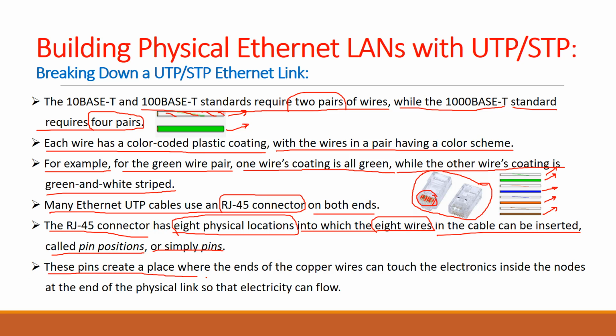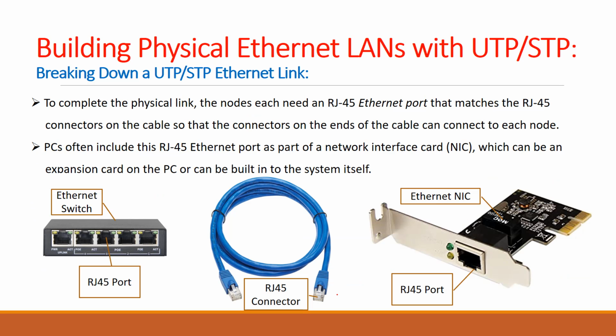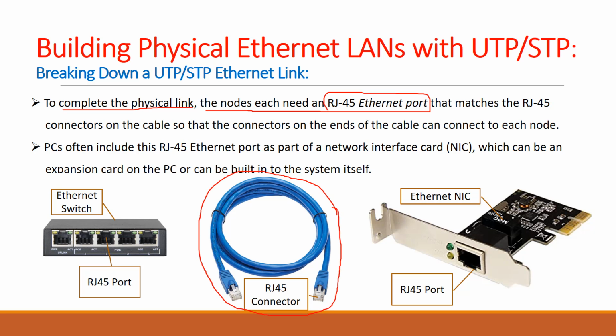These pins create a place where the ends of the copper wires can touch the electronics inside the nodes at the end of the physical link so that electricity can flow. To complete the physical link, the nodes each need an RJ45 Ethernet port, because here we have a UTP cable with RJ45 connectors.